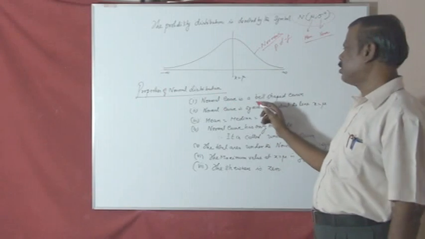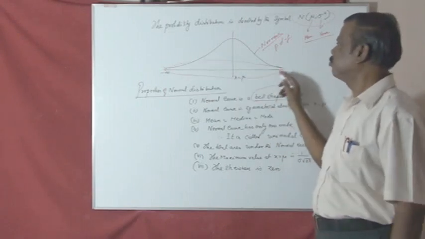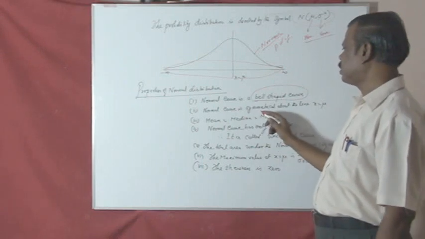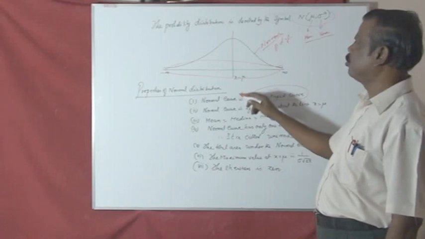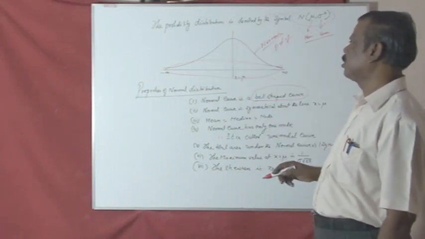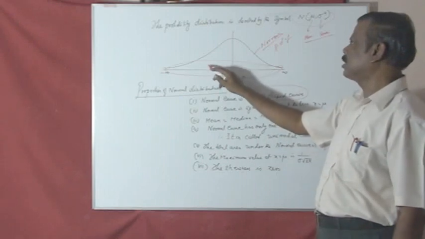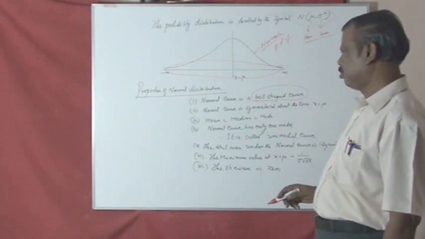So the normal curve is a bell-shaped curve. When you see this curve, it is a bell shape. The normal curve is symmetrical about the line x is equal to mu. So this is the line x is equal to mu. So this curve is symmetrical about this particular line, which means that the area under this curve on the left side and right side are equal.